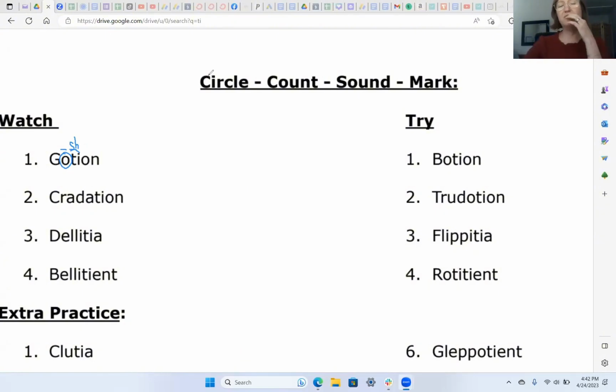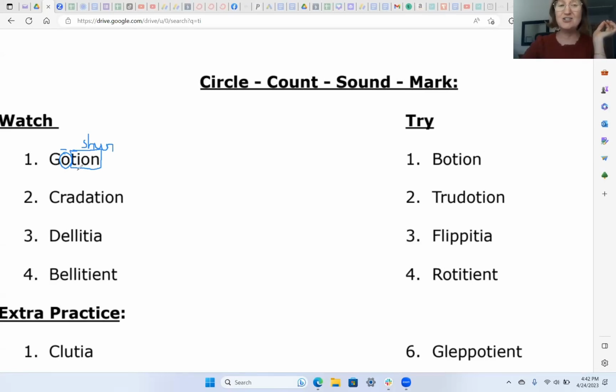Before I even mark that, I'm going to make this easier, and we're going to box that whole suffix, shun, because you're pretty familiar with shun. I'm sure you've seen shun in a lot of words in your whole life, and you probably know already that that says shun. You just didn't know why. Well, now you know why.